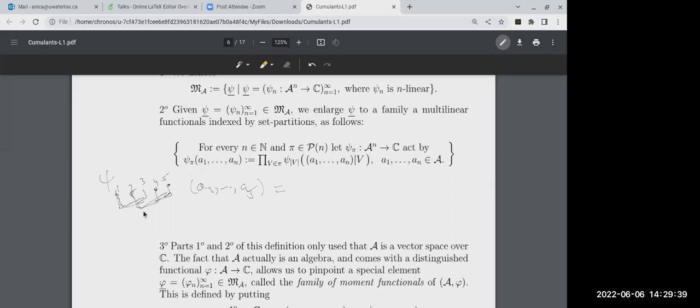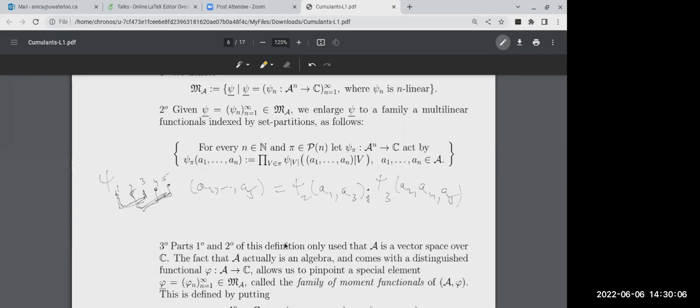So 1 and 3 were together, so I do psi 2 of A1, A3, times, since 2, 4, 5 were together, psi 3 of A2, A4, A5. So this is a convenient notation.